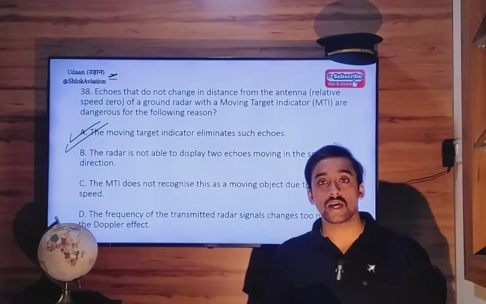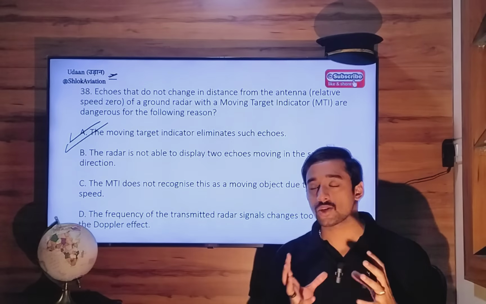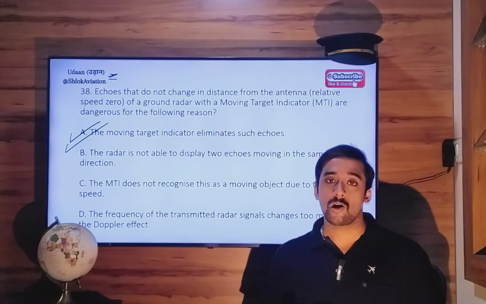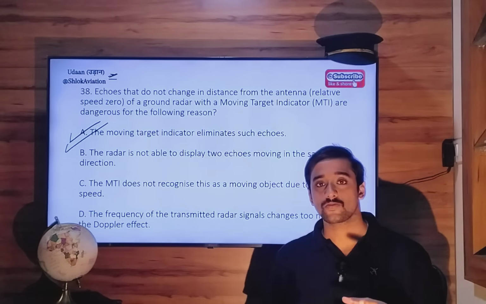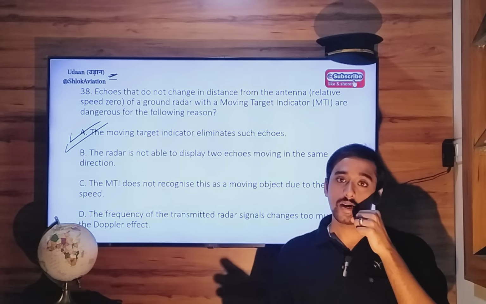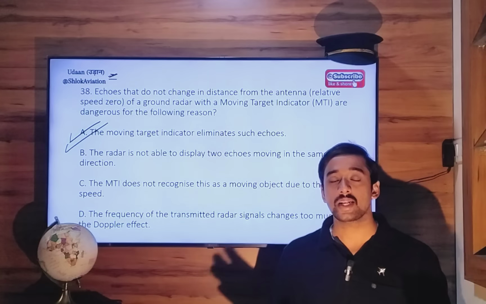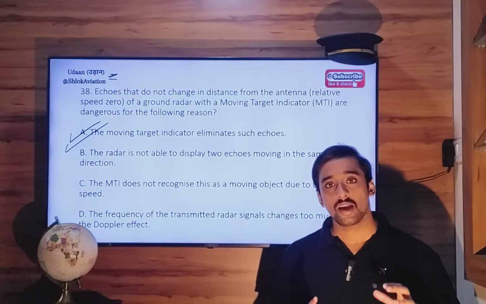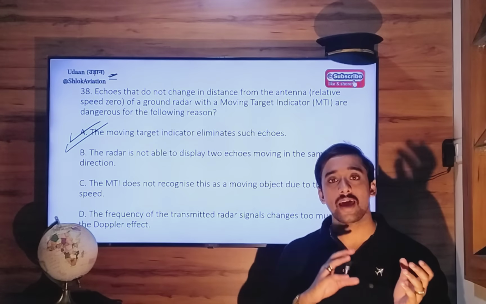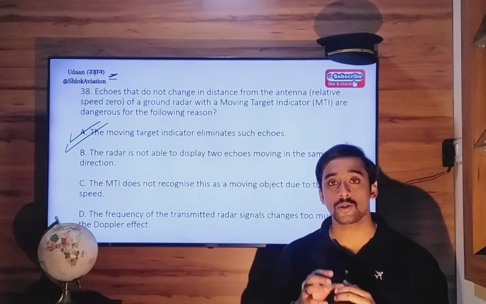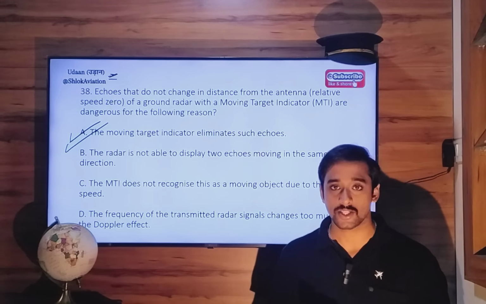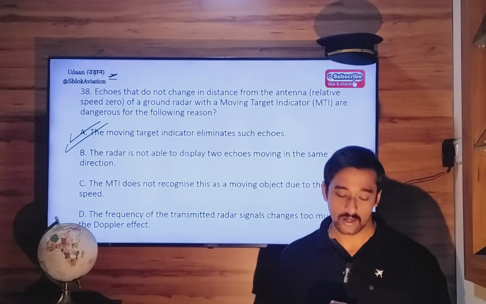If the echoes from mountains or any fixed structures like buildings and antennae are eliminated, the radar controller will not have any idea of the existence of such mountains or high-end structures in the range of the radar. So the ATC radar controller can by mistake lead that aircraft into that mountain or somewhere near that mountainous structure or any other structure. So that becomes a danger. Remember that.